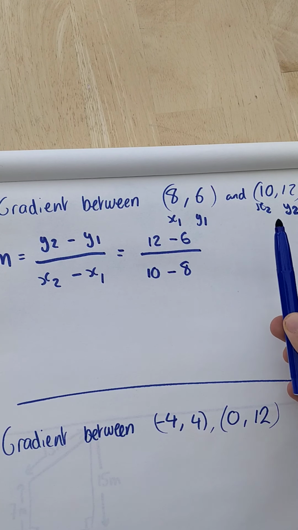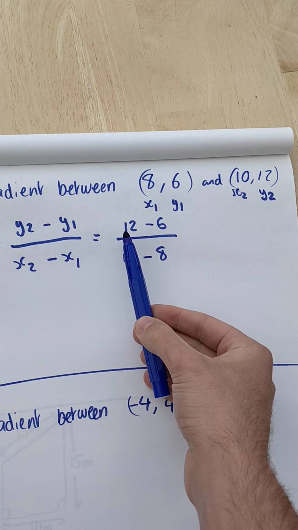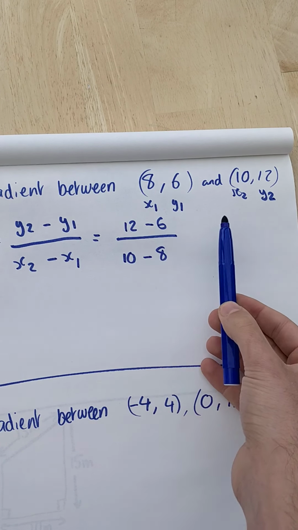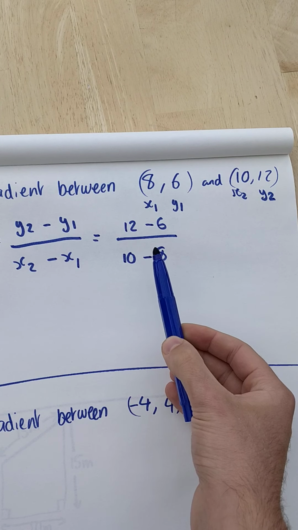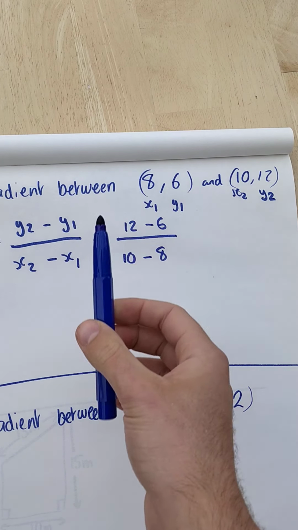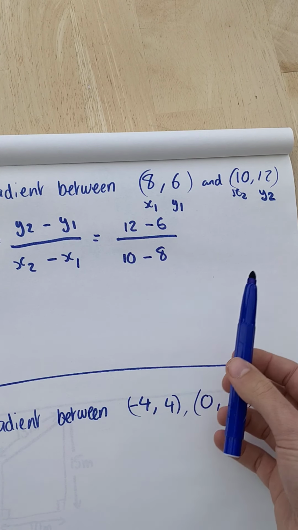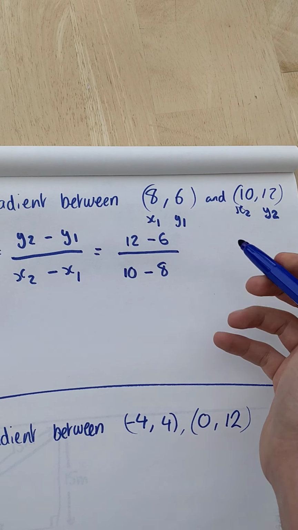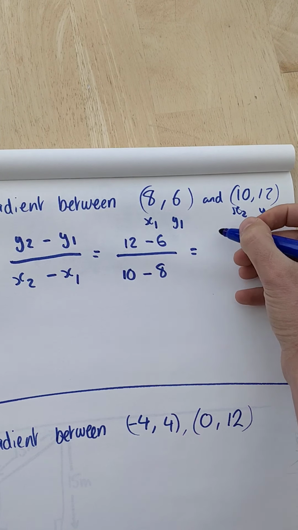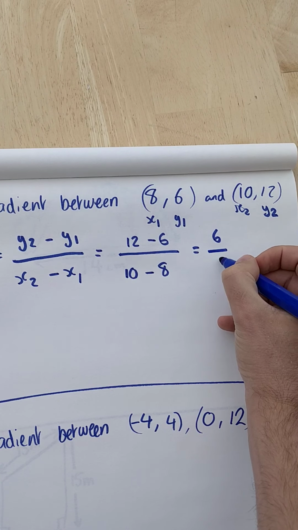So all I've done there is I have taken y2 is 12, y1 6, x2 10, take away 8. Okay, it can be quite difficult depending on which way round you do them. You might have some negatives in there, but this is always the way that I would set it out. So 12 take away 6 is 6. 10 take away 8 is 2.